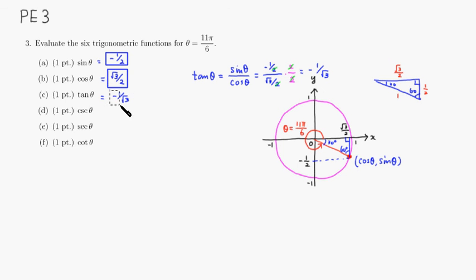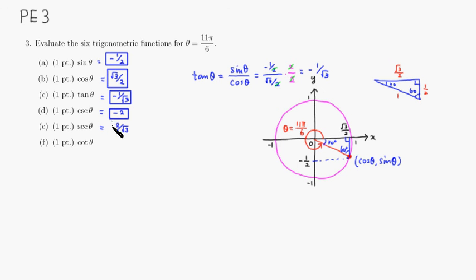Once you have those three, the remaining ones are just the reciprocals, so you just put it upside down. Cosecant is the reciprocal of sine, so that's negative 2. The secant is the reciprocal of cosine, so it's 2 over square root of 3.